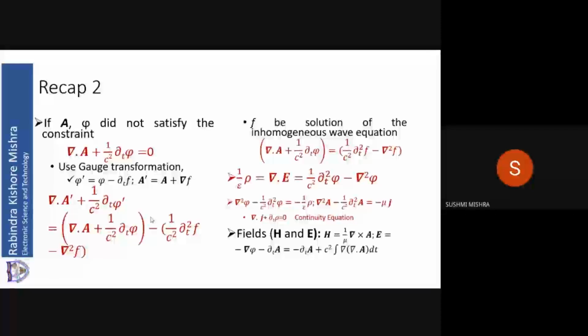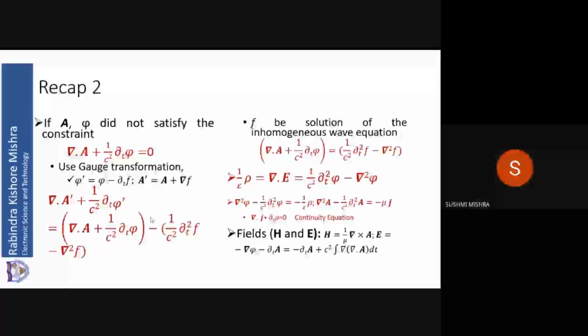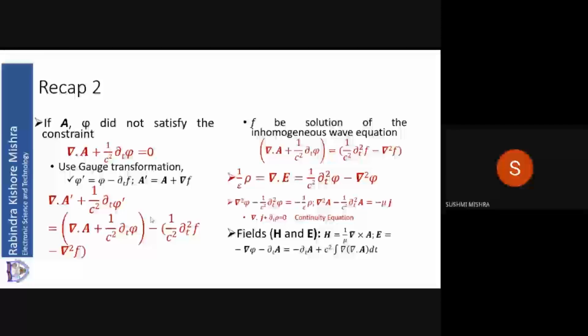Using those, we obtained divergence of A dash plus 1 upon c square, first derivative of phi dash with respect to time, is equal to divergence of A plus 1 upon c square dou t of phi, minus 1 upon c square dou square f by dou t square, minus del square f.